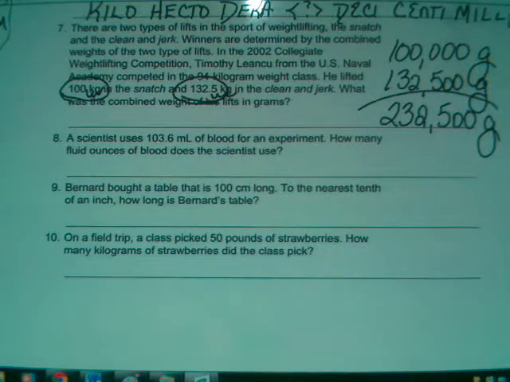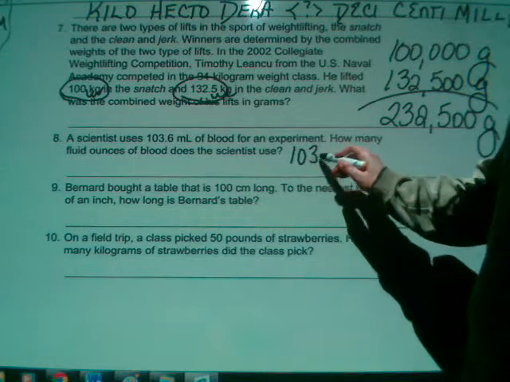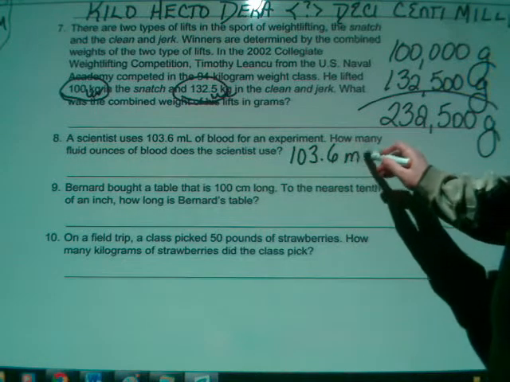All right, number 8. A scientist uses 103.6 milliliters of blood for an experiment. How many fluid ounces of blood does the scientist use? All right, so we're going to set up our little T-chart here with 103.6 milliliters.